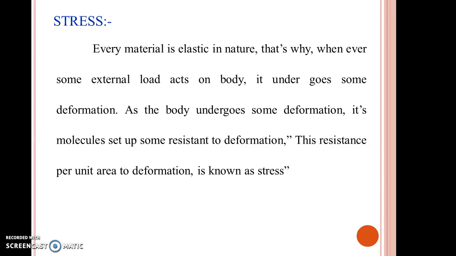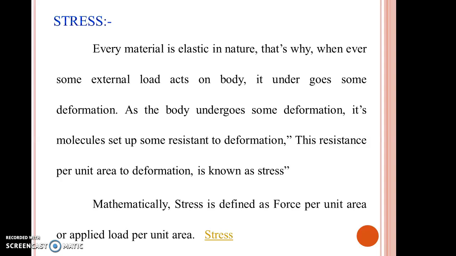This is the property of the material where you are applying the load. This is known as stress. Therefore, stress is denoted by sigma. Sigma is equal to P by A or F by A. That means load upon area or force upon area.